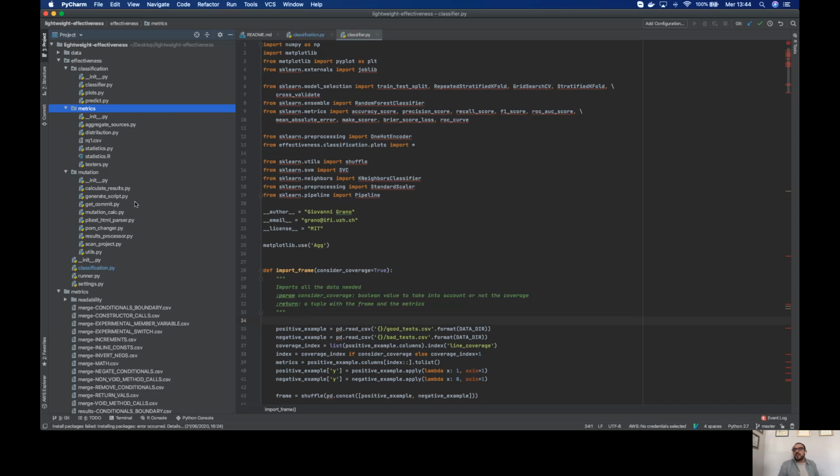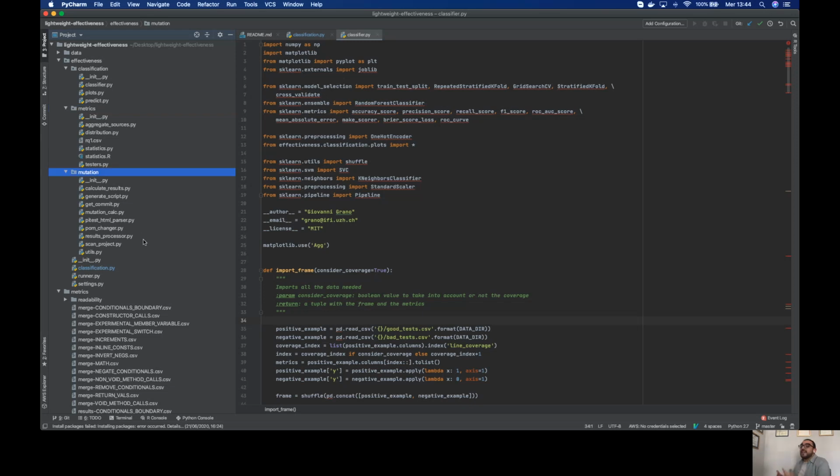The metrics package contains the data required to mine software repositories in order to extract the metrics which represent the features of the machine learner, as well as how to aggregate different sources. So, for instance, how to aggregate data coming from the historical analysis rather than the analysis of source code.